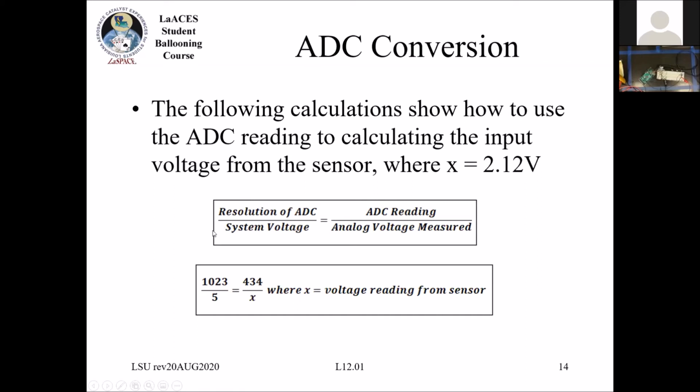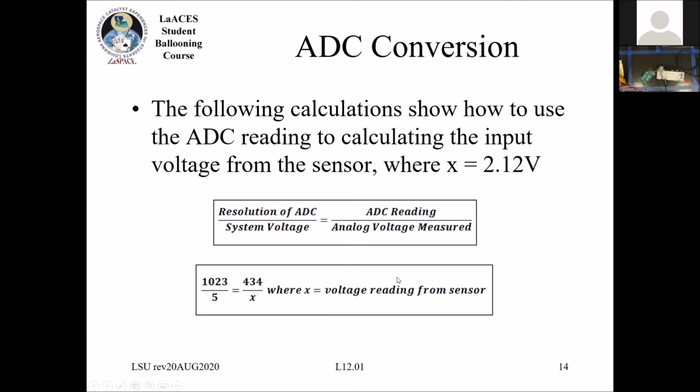The total voltage is 5, and it's just a simple consistent ratio. So if we were to put in 2.12 volts, we could then solve for the remaining thing and give our ADC value.